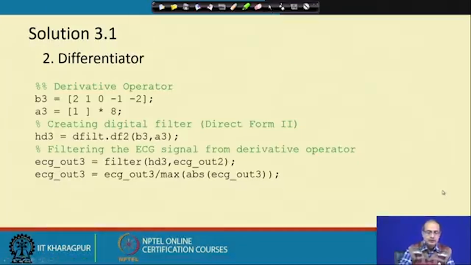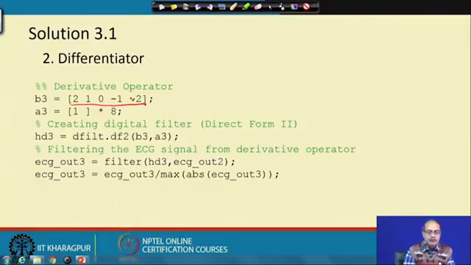So, next we look at the derivative operator. The derivative operator is not the simplest form. Here we have 5 coefficients in the numerator. The 5 coefficients mean it is a sophisticated derivative operator.